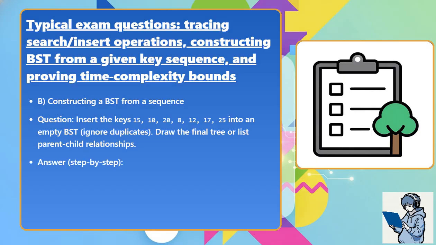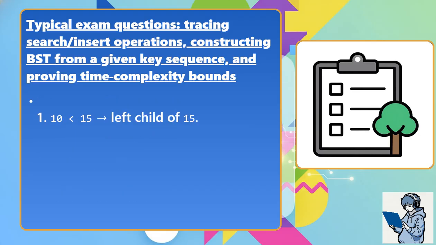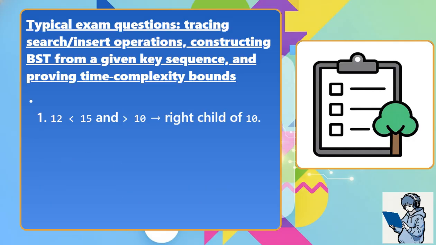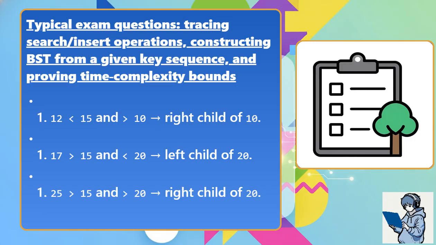Answer step by step. 1. 15 becomes the root. 2. 10 less than 15, left child of 15. 3. 20 greater than 15, right child of 15. 4. 8 less than 15 and less than 10, left child of 10. 5. 12 less than 15 and greater than 10, right child of 10. 6. 17 greater than 15 and less than 20, left child of 20. 7. 25 greater than 15 and greater than 20, right child of 20.